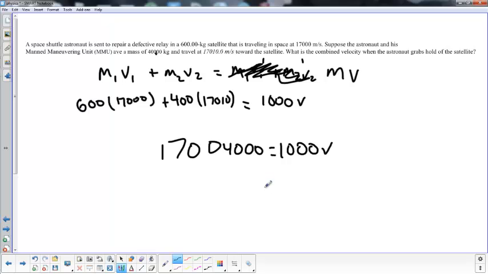Their new velocity is going to be 17,004 meters per second.